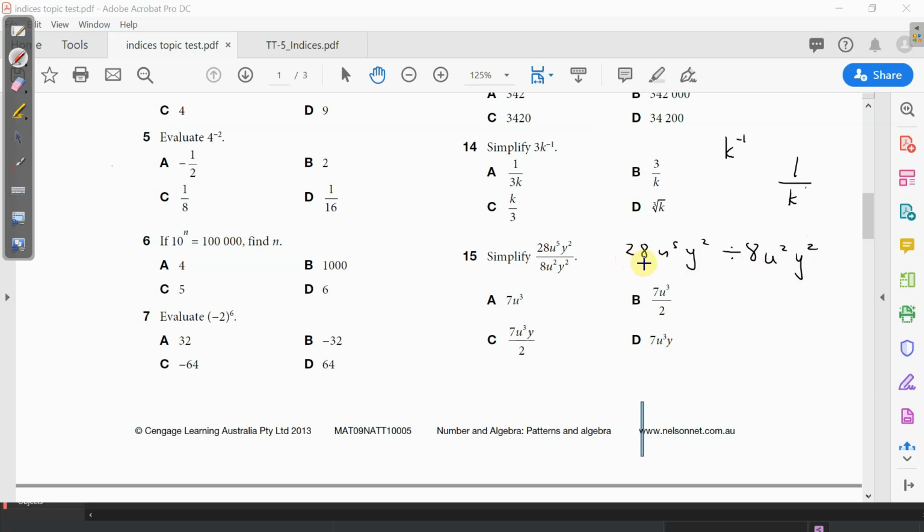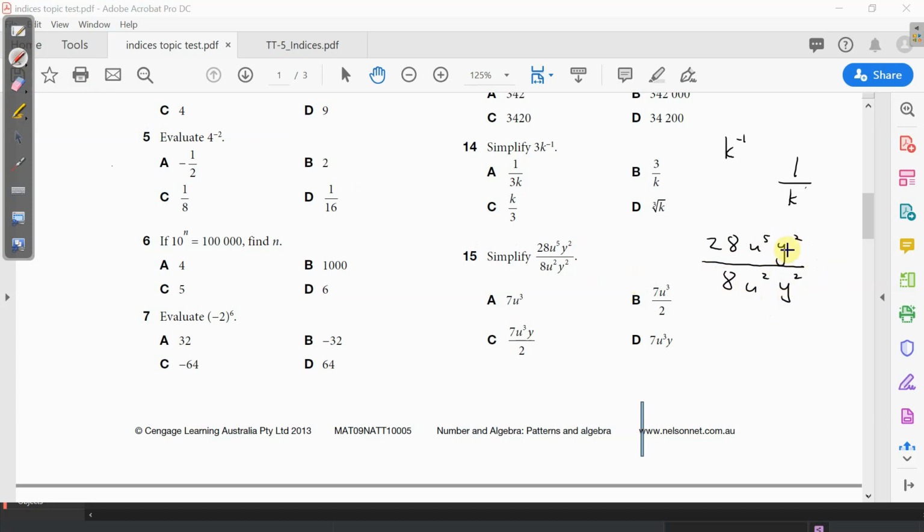Maybe 8 goes into that 3.5 times. So we're a bit stuck there, so I'm just going to rewind and do it another way. Do it a fraction way, by doing some cancelling.